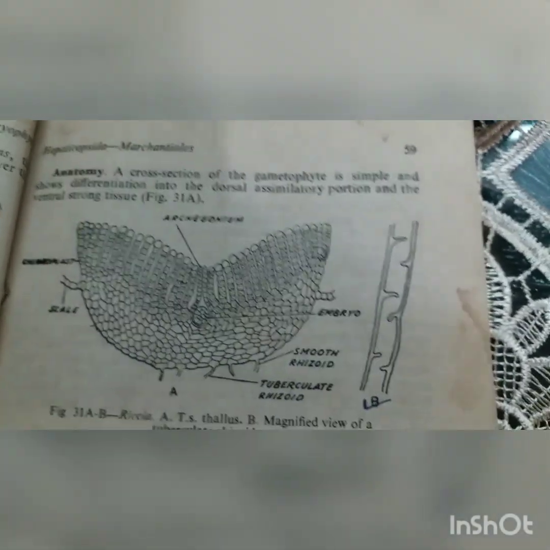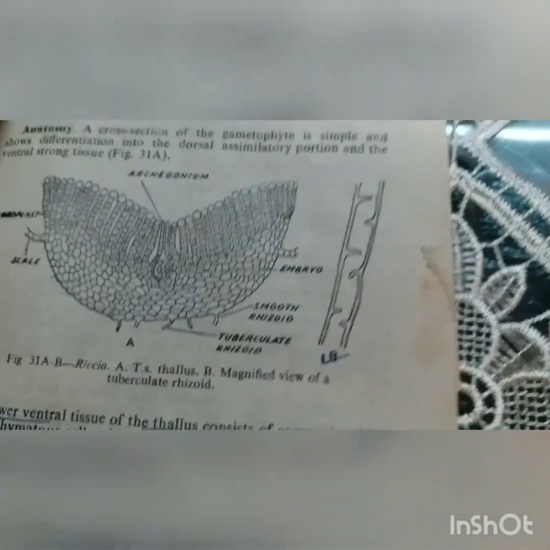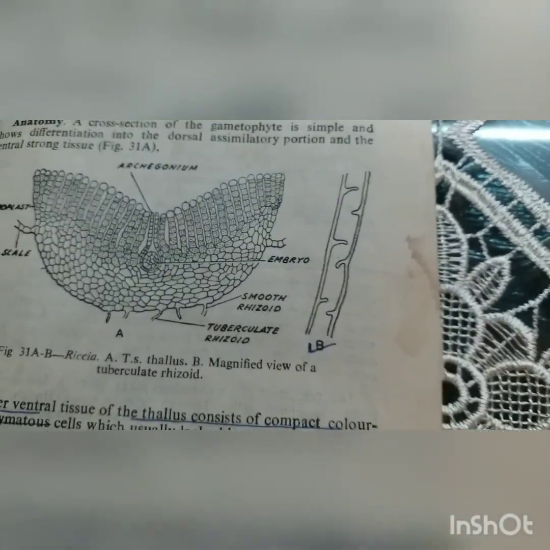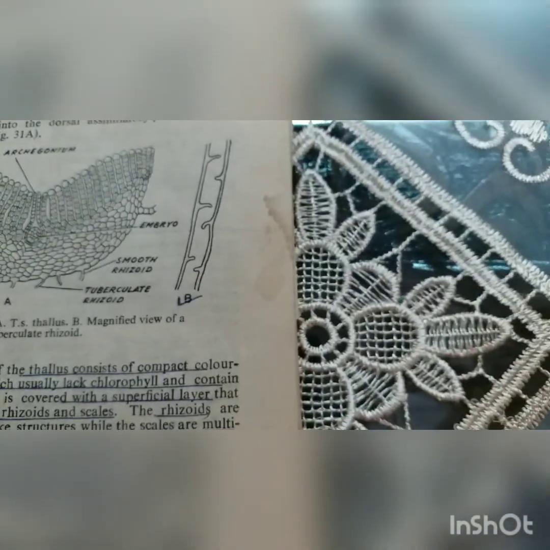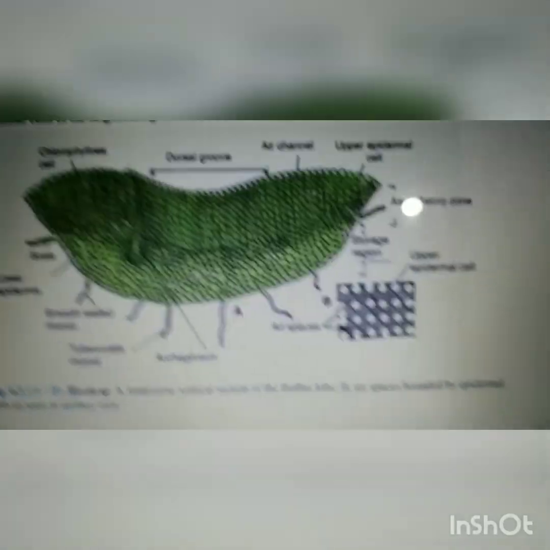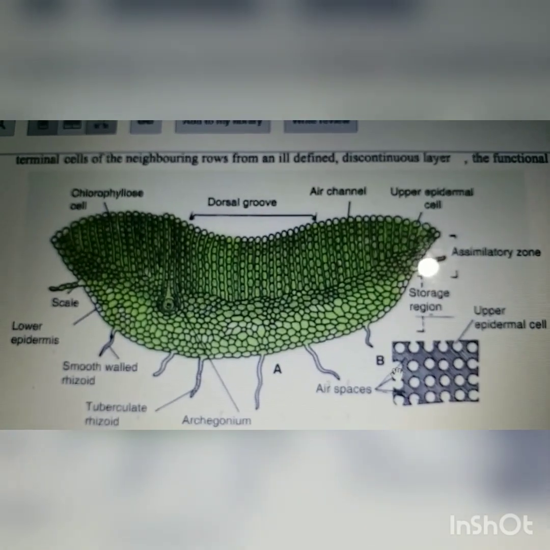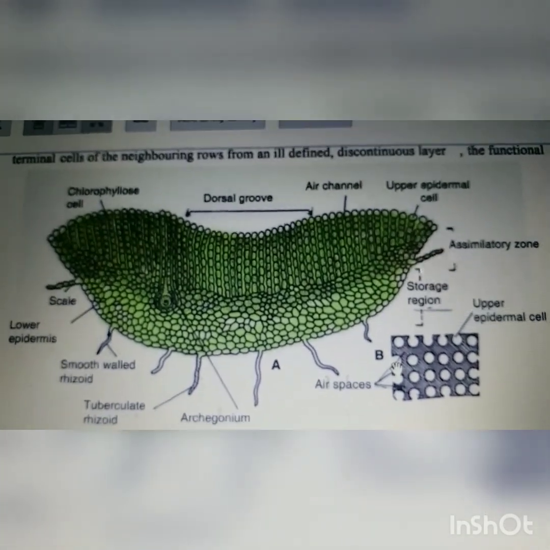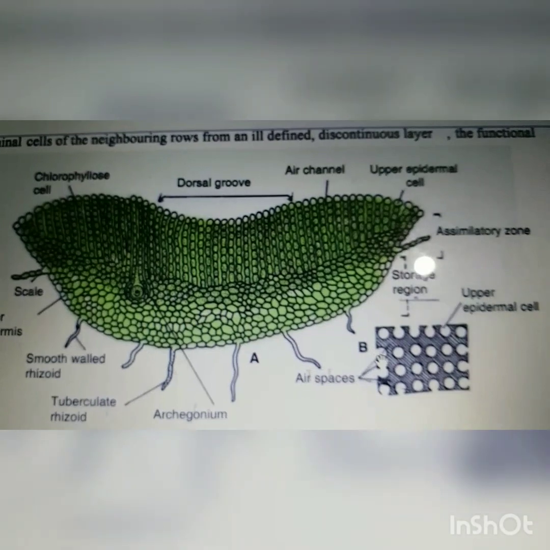This is basically the anatomy we are seeing. See, this is the dorsal groove. We have the air chambers.